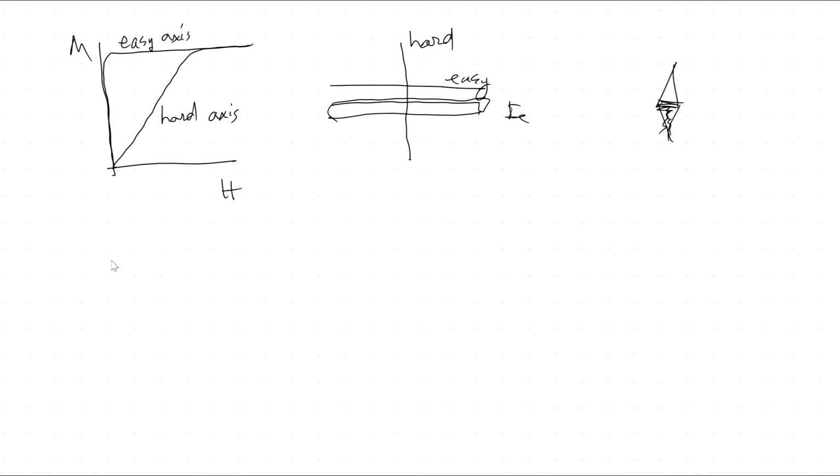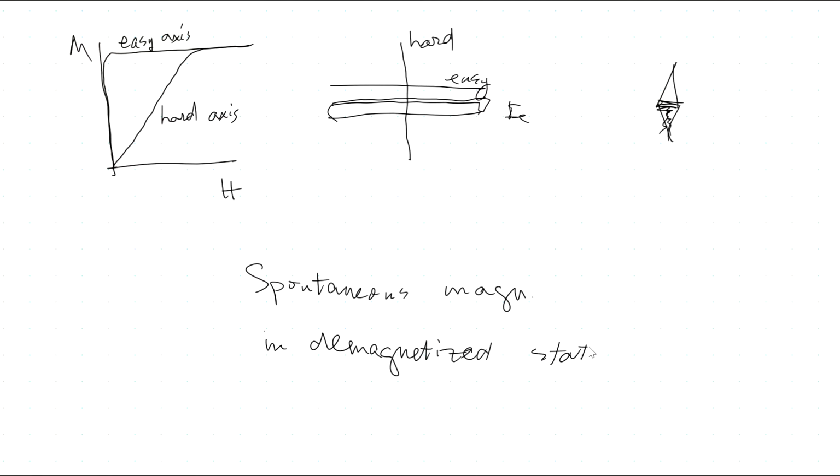And it turns out that because of the anisotropy, sometimes we would see a spontaneous magnetization of the material in a demagnetized state. Demagnetized state implies that you are here, at zero magnetic field, completely demagnetized, which means that all your magnetic moments are totally random.